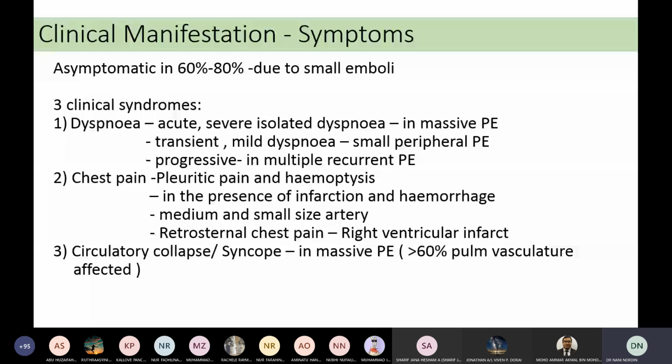You can have small peripheral pulmonary embolism, or multiple recurrent pulmonary embolism. In a person who has recurrent pulmonary embolism, it is resolved, and sometime later they will develop small PE again. So there are many ways that PE can occur.